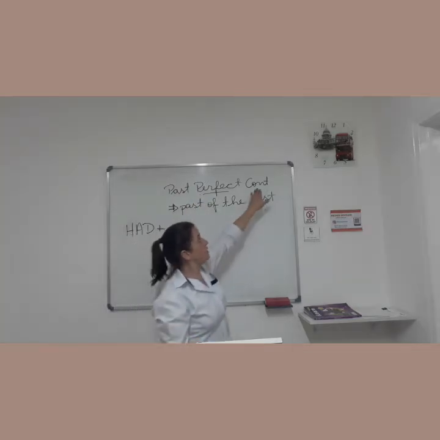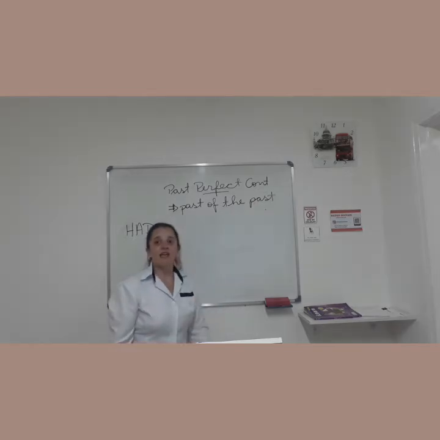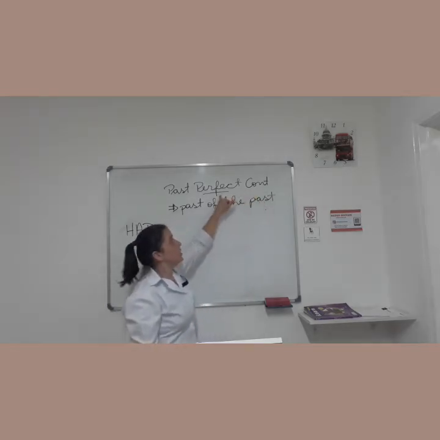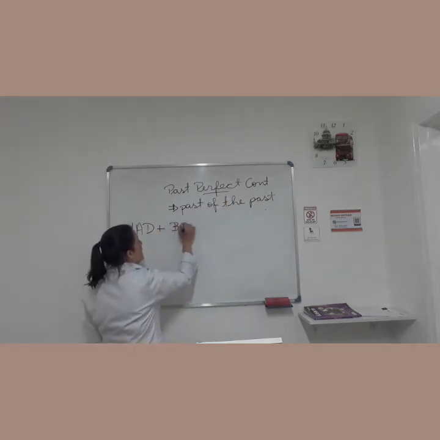But it's also continuous. Which elements do I need for the continuous form? I need the verb to be plus the verb with ing. Okay? So, what will happen here? I will take the verb to be here and put it in the past participle. Been.